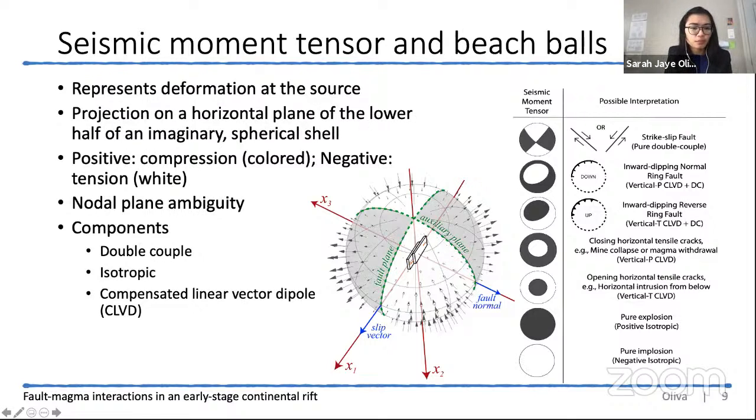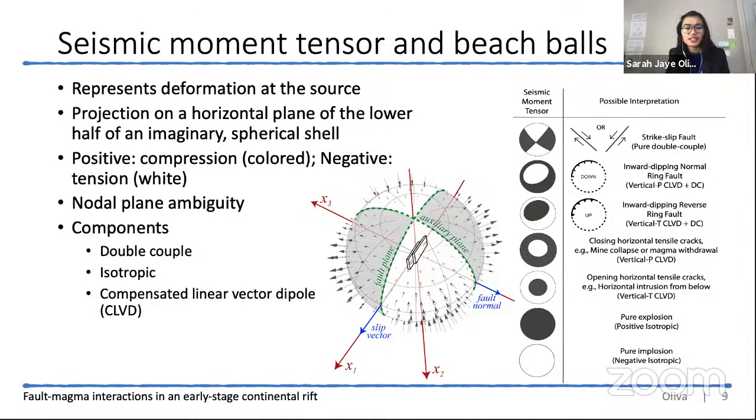The second component is the isotropic component, which represents volumetric change. So this would be, for example, a pure explosion or a pure implosion, which would be the last beach balls on the table on the right, represented as a pure black circle or a completely white circle.